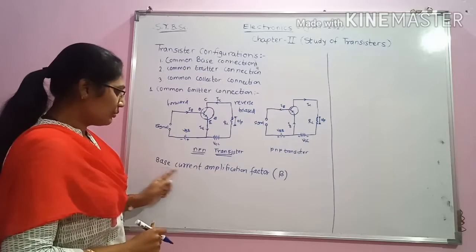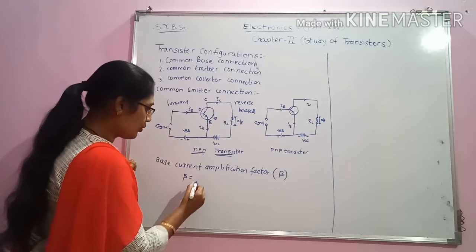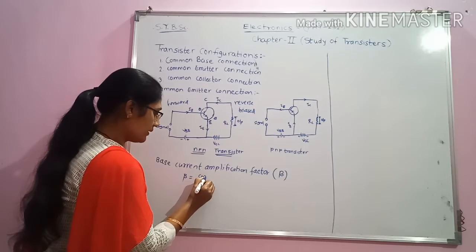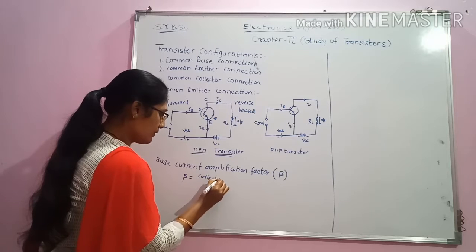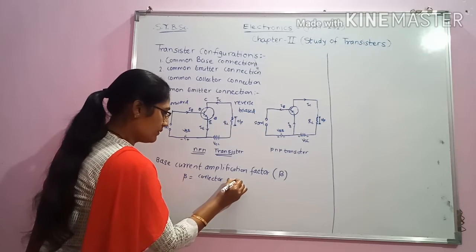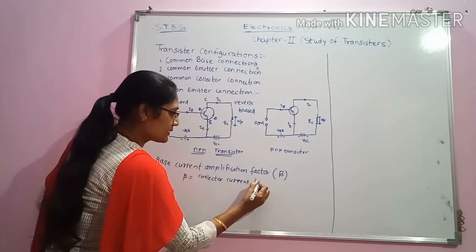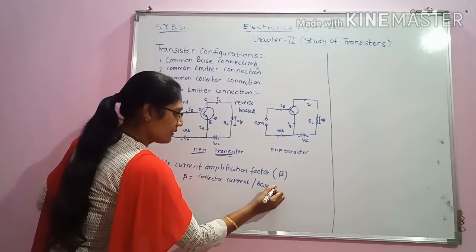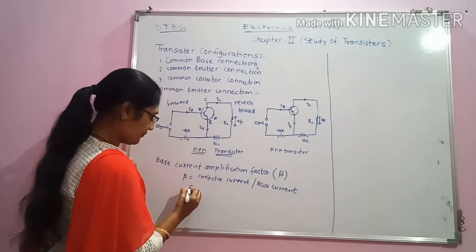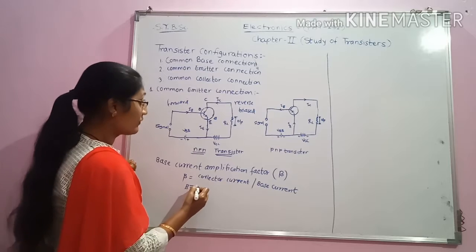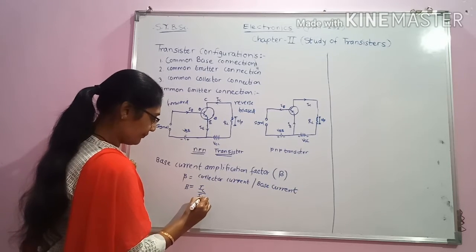And in order to take the value of beta, it will be the ratio of collector current to the base current. Hence beta is equal to IC upon IB.